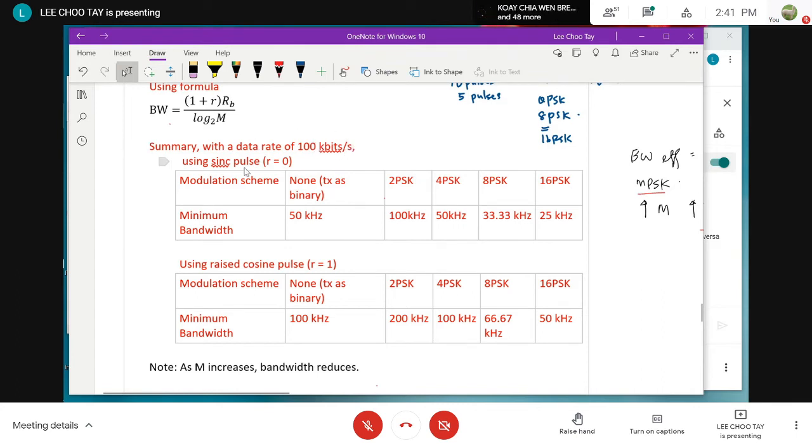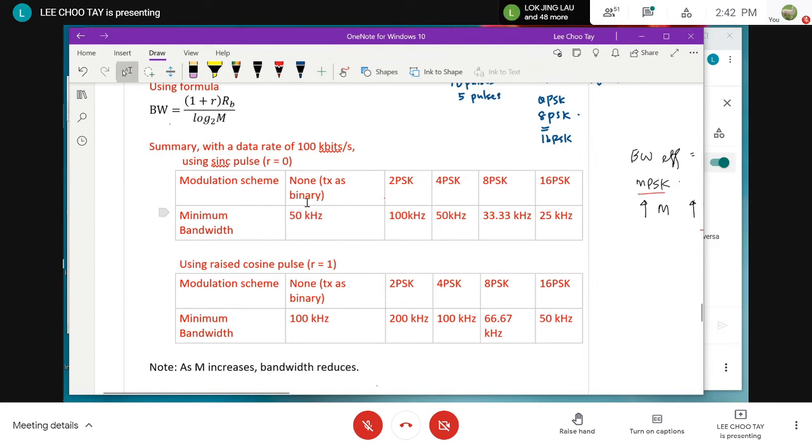Now, if I were to use sinc pulses to perform the modulation, for baseband, if I were to send the pulses as they are, then that means I don't do modulation. The minimum bandwidth I need to transmit the binary signal as it is, is 50 kilohertz.